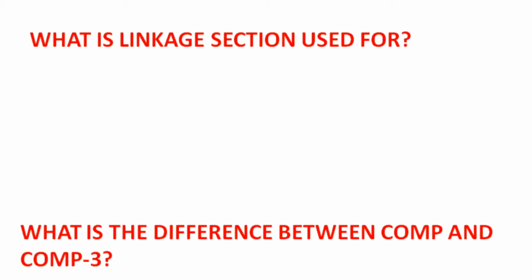What is the difference between COMP and COMP3? Usage COMP and usage COMP3 are both used for numeric data items. COMP stores the data in binary format, whereas COMP3 stores the data internally in packed decimal format.